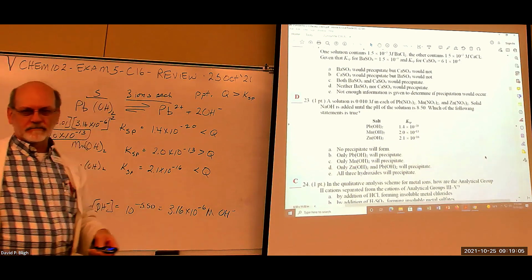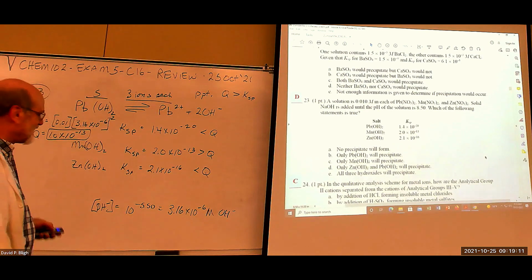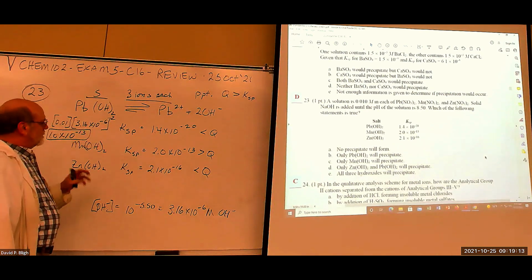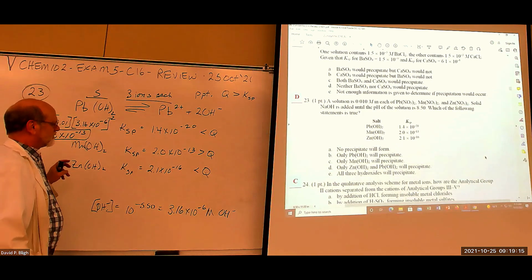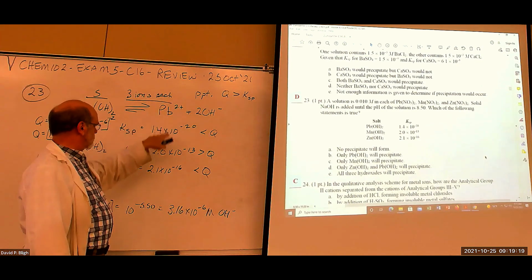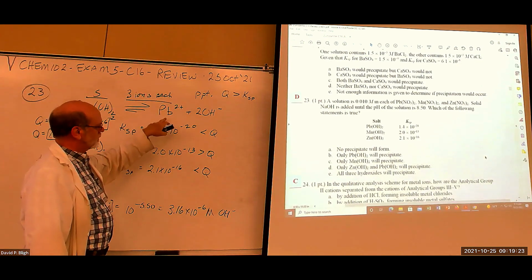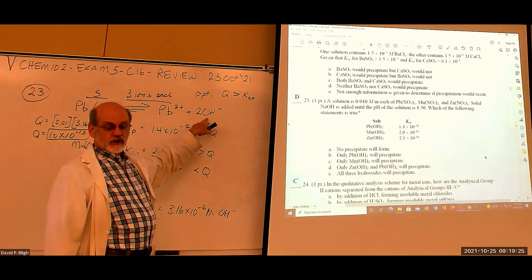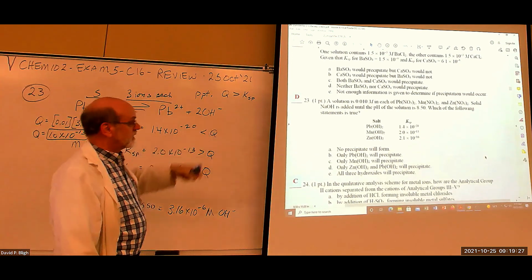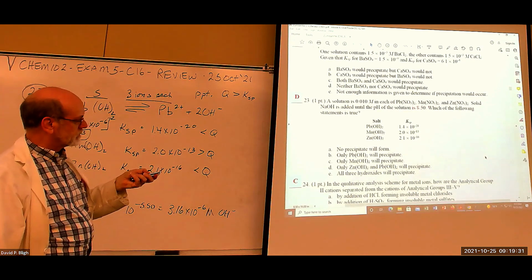Okay. Did I thoroughly confuse you? The moral of this story is, once you're given these amounts for the ions, 0.01 molar, we just had to determine what OH is, because the precipitation is based upon the hydroxyl concentration.